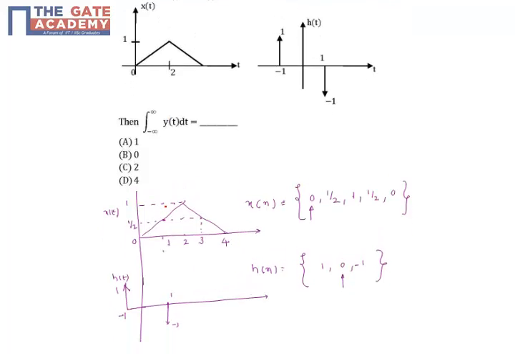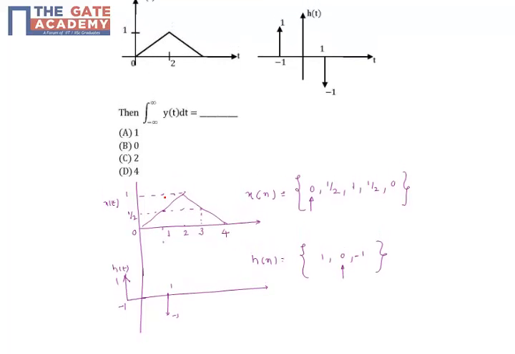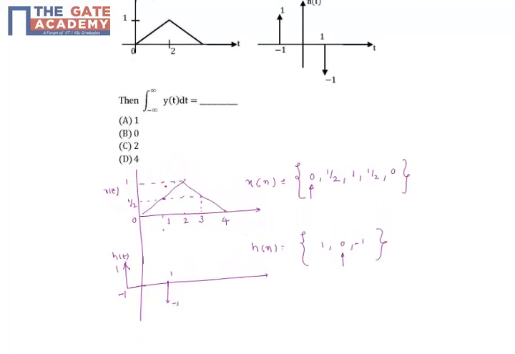Also, if you see the values, he has not given them at equal intervals, because h of t is given at an interval of 1 but x of t is given at an interval of 2. So you have to find x of t at an interval of 1. How do you find the value at t equal to 1? The slope is 1 by 2, so x of t is equal to 1 by 2 into t.